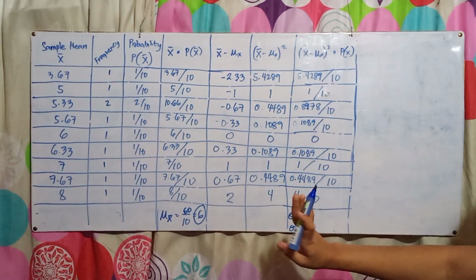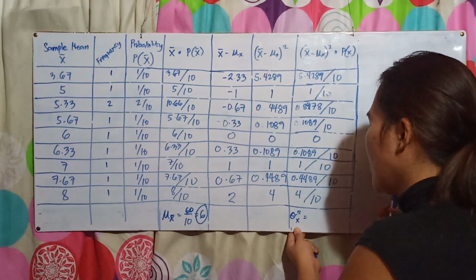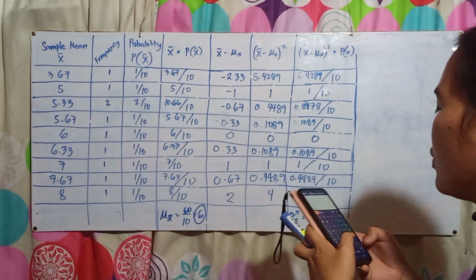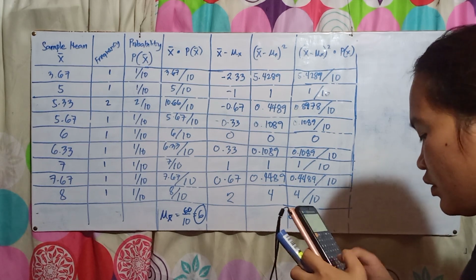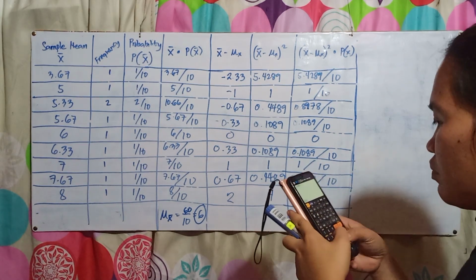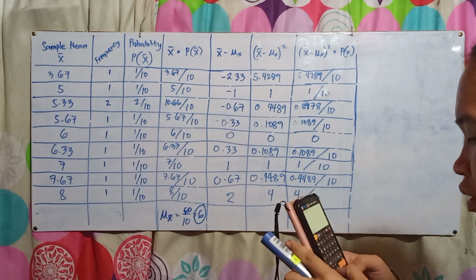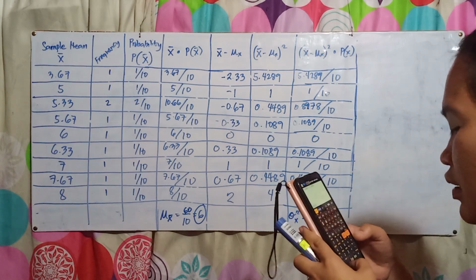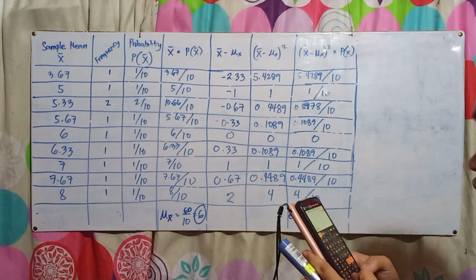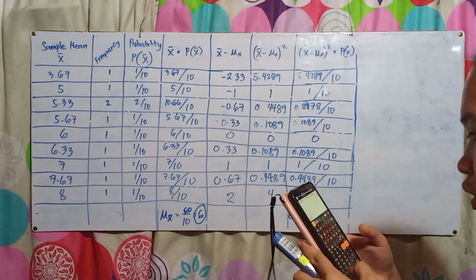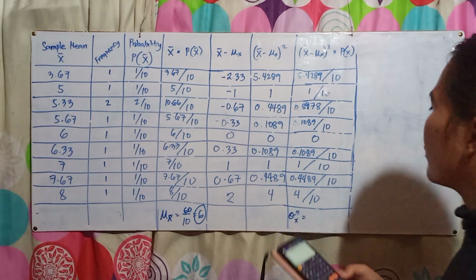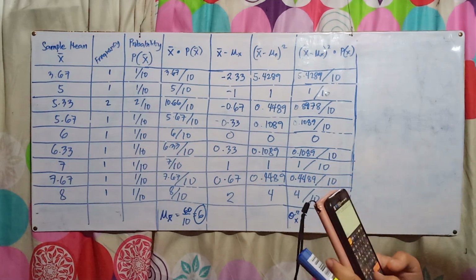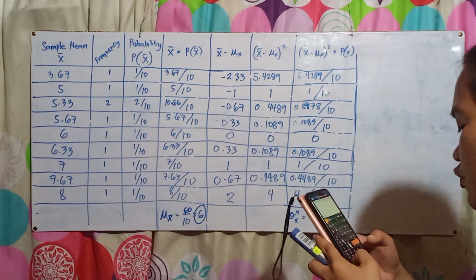Same process: add the numerators and copy the denominator. This will be our answer for the variance. 5.4289 plus 1 plus 0.8978 plus 0.1089 plus 0.1089 plus 1 plus 0.4489 plus 4.